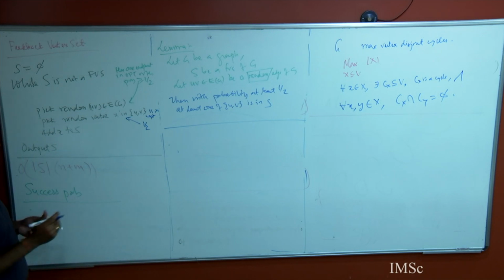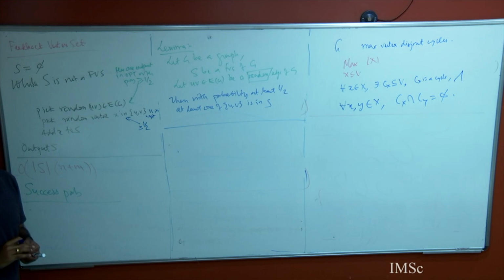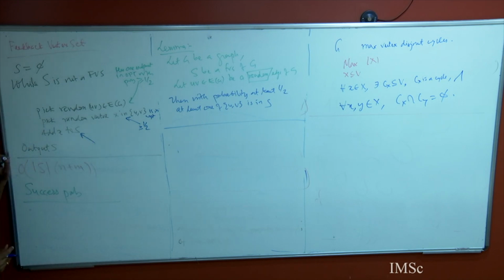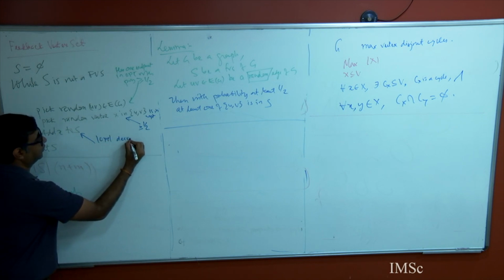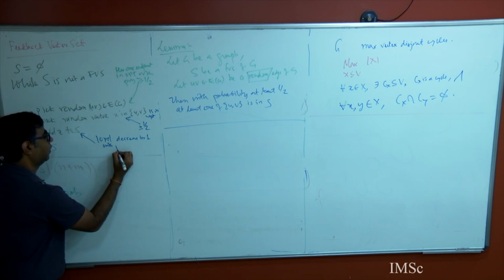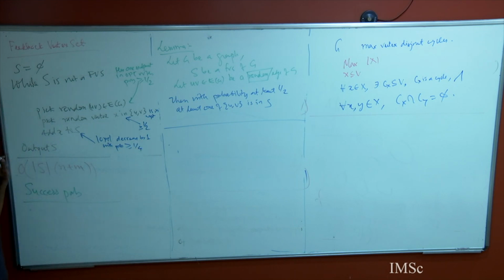So the cardinality of opt decreases by 1 with probability at least 1/4.